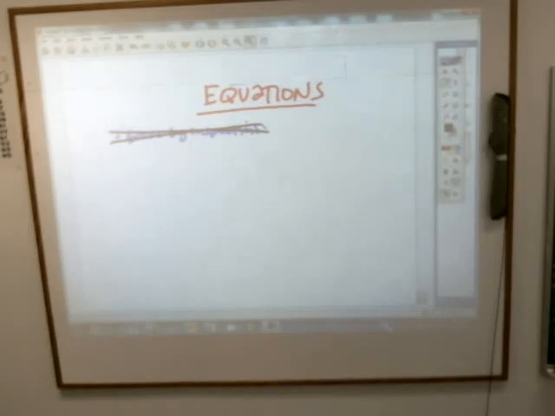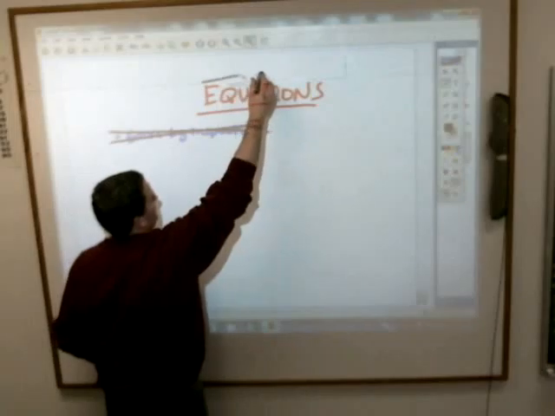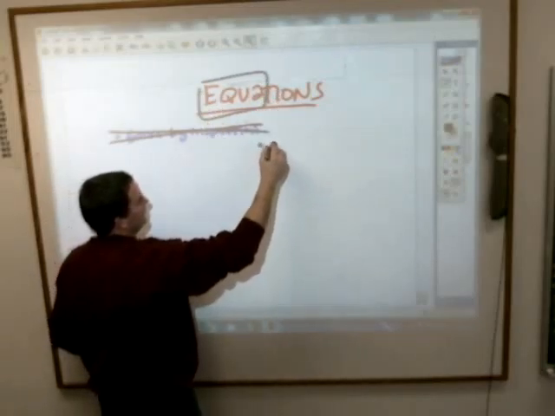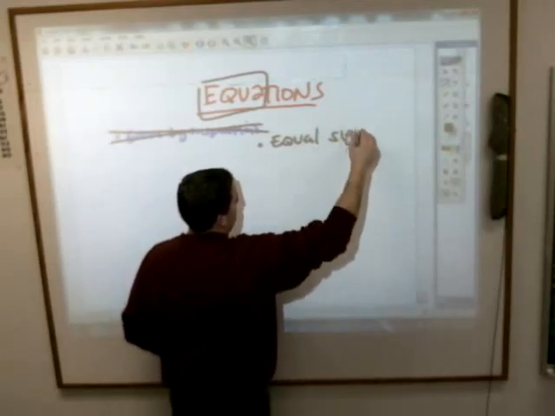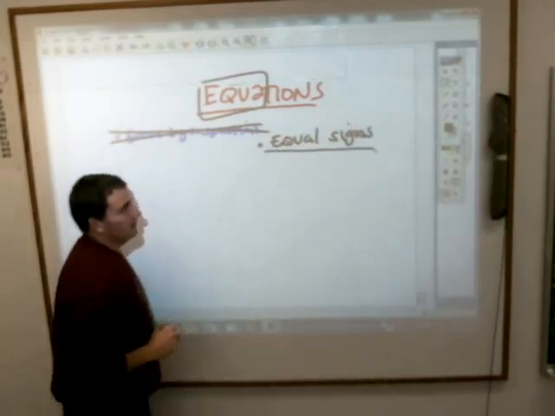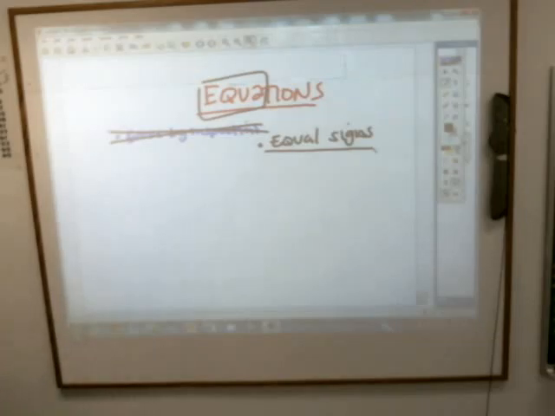First of all, an equation, ladies and gentlemen, must have an equal sign. In order to have an equation, it comes from this word here. You have to have equal signs. There's no other way to have an equation because that's what equation means, it is equal.